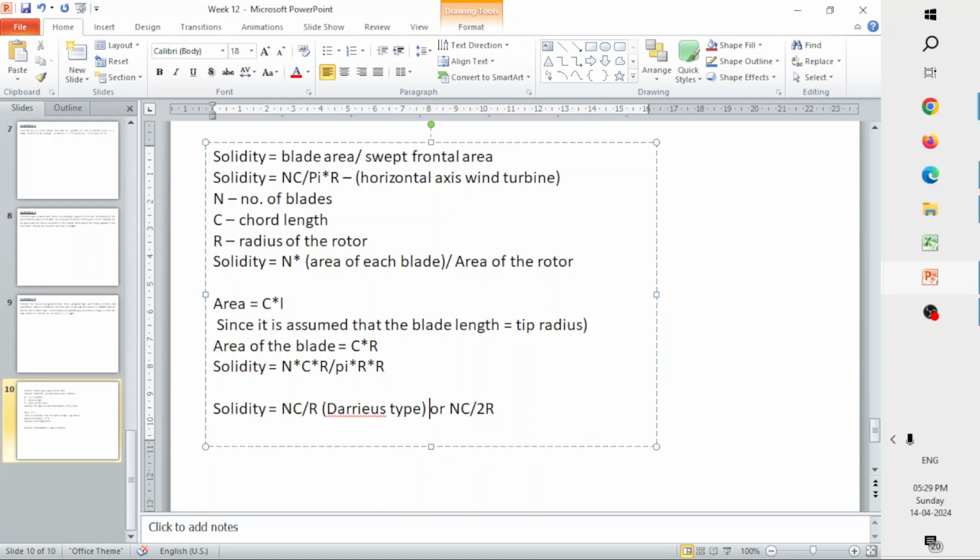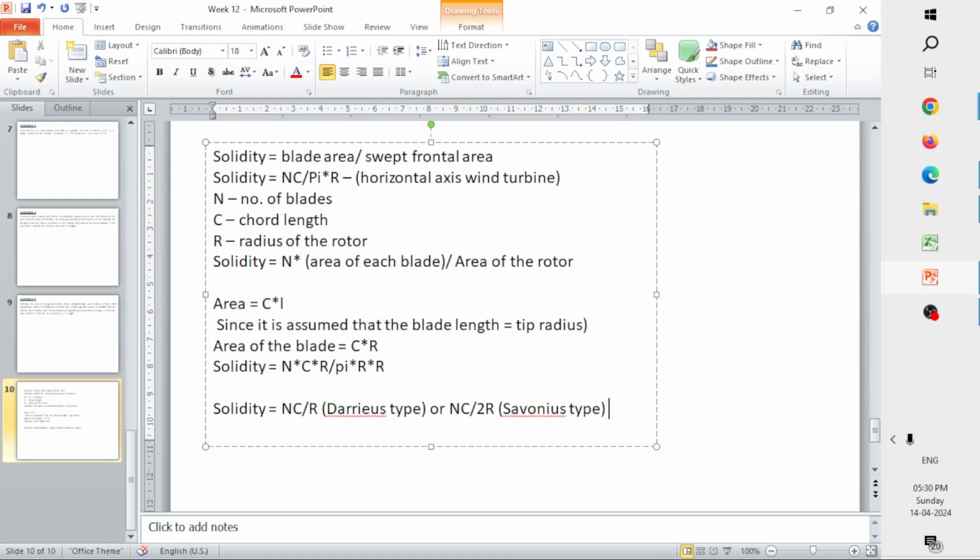Yes, anyone? Because these are the main classification. Yeah, Savonius. Yes. So this is for the Savonius type. That is correct. So if you see, the solidity here depends on the chord length and your tip radius as well as that of the N.